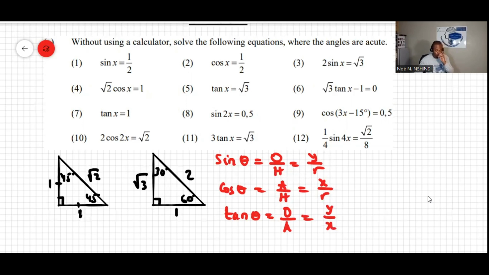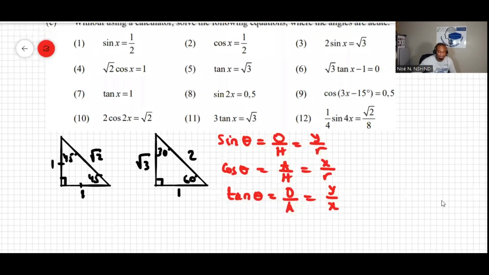So for question 1, for instance, we do have sine of x equal to 1 over 2.